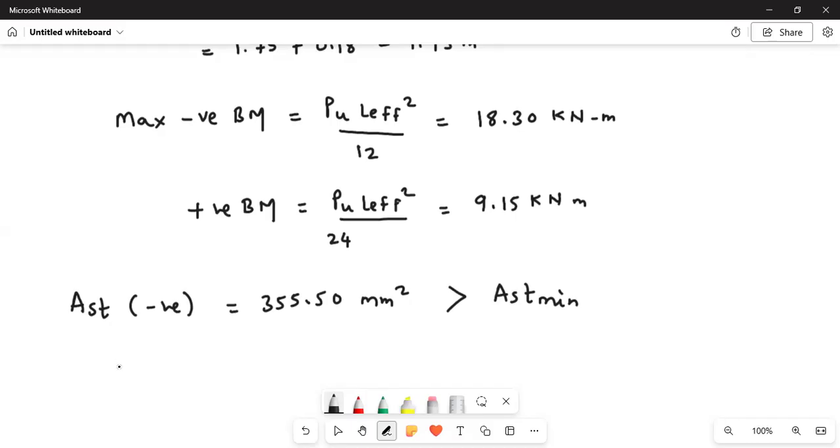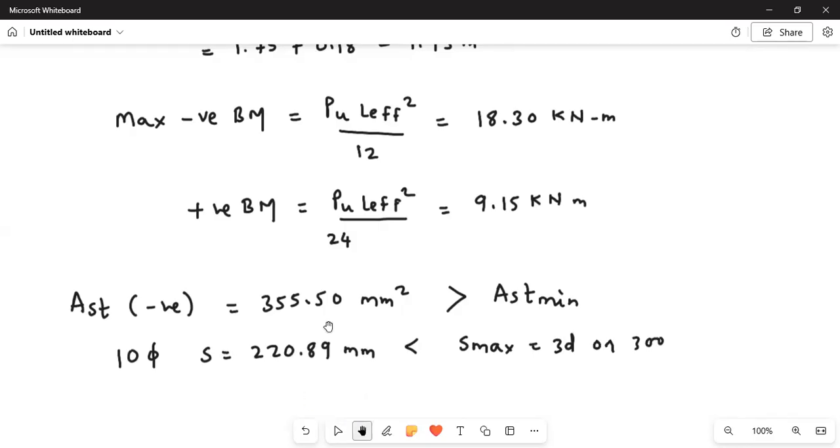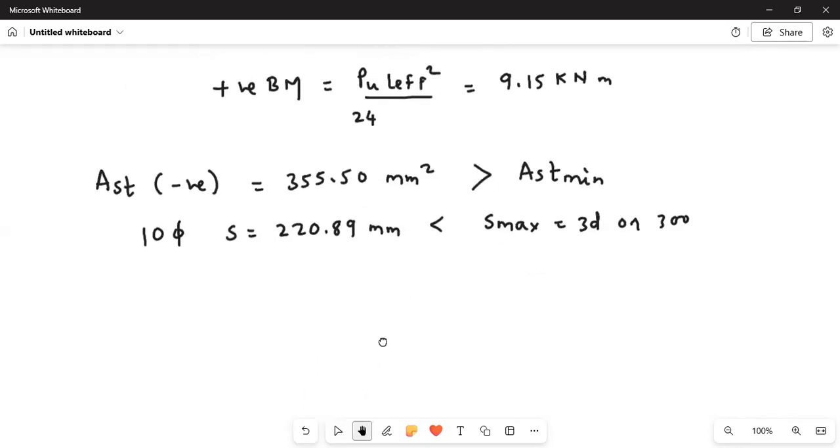You can take 10 mm bar, and the spacing that you will get is 220.89 mm, which is less than maximum spacing. Maximum spacing is equal to 3D or 300 mm. So we can provide this spacing.